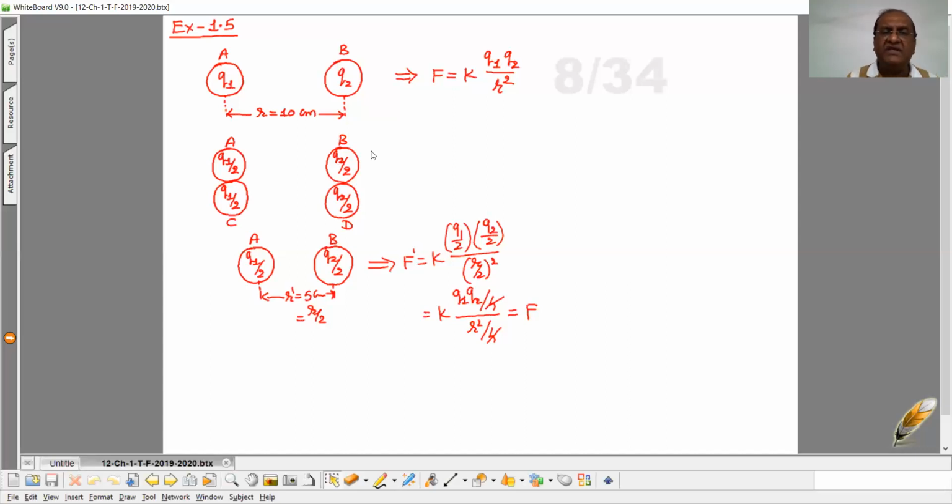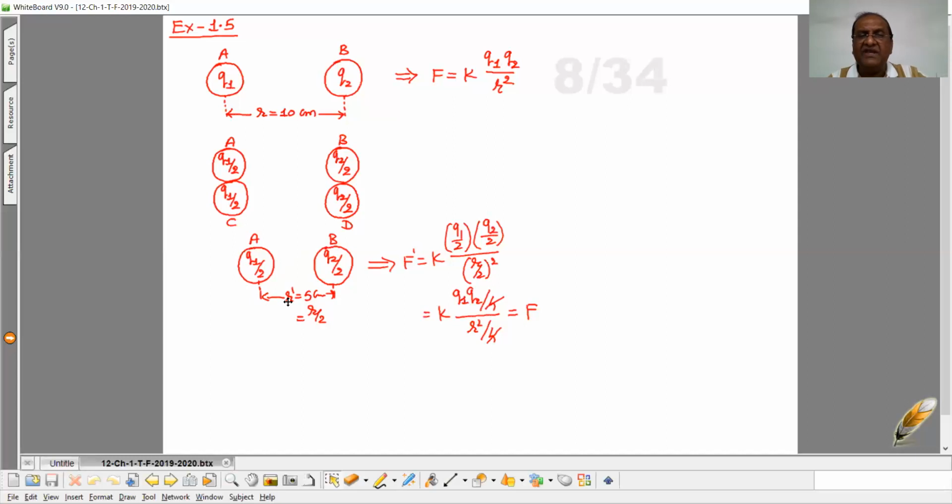Similarly, if B is touched with identical sphere D, then the charge on B will be Q2 by 2 and the charge on D will be Q2 by 2. Now A and B are separated from C and D, and then A and B are placed at 5 centimeter from each other. Initially they were separated by 10 centimeter, now 5 centimeter.